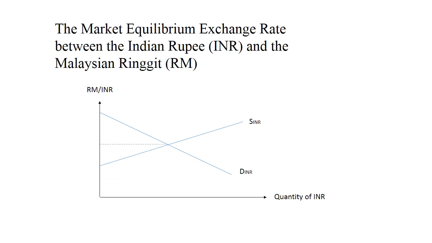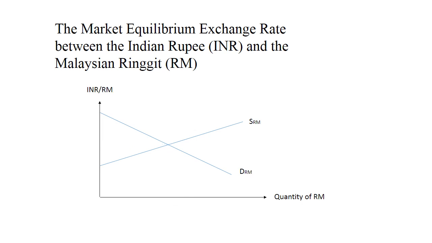So the value is 0.06, and the equilibrium quantity is Q Indian rupee. So this means that 1 Indian rupee is equal to 0.06 ringgit.